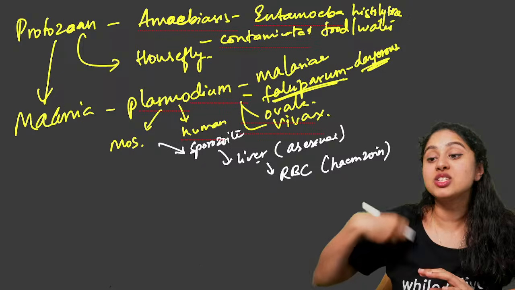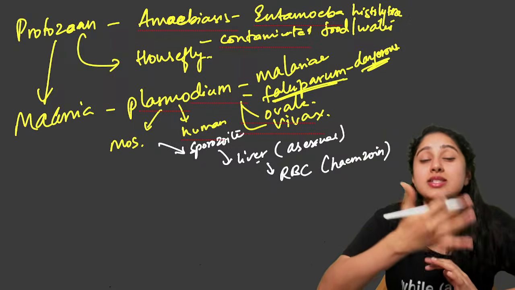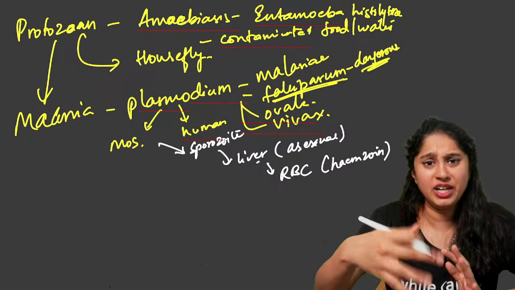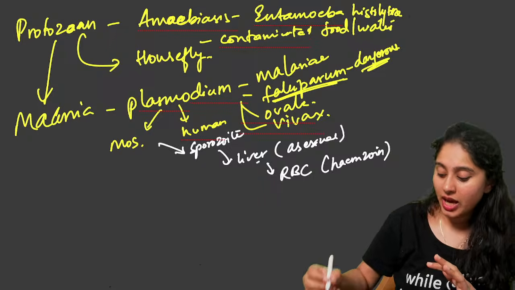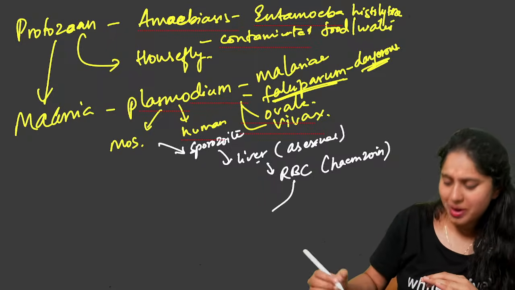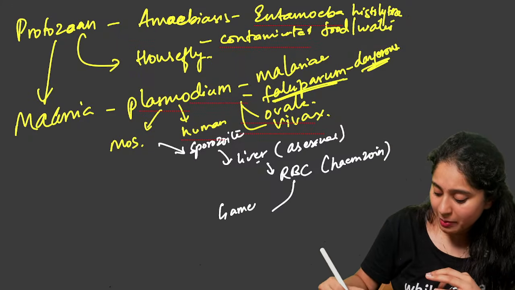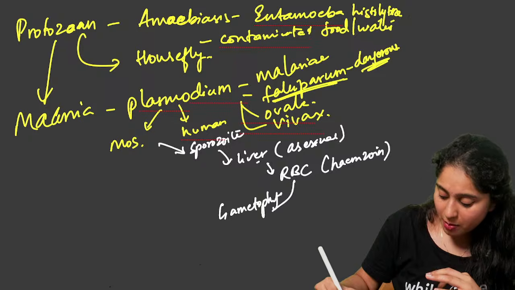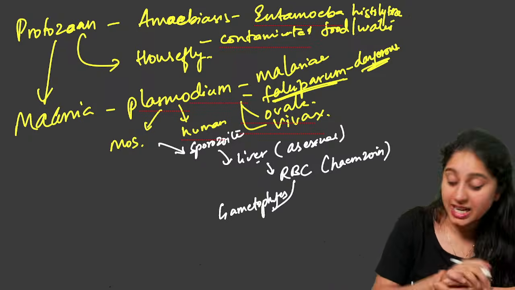In the process of bursting the RBC and releasing the hemozoin, you will start getting chills every evening or every 2 to 3 days, and that is the major symptom of malaria. As it undergoes asexual reproduction, it releases gametocytes, but these cannot fertilize inside the human.